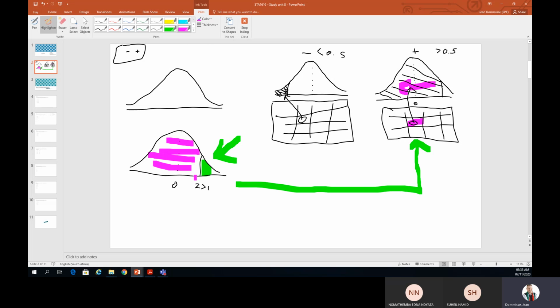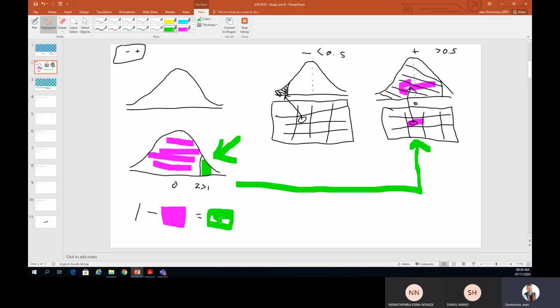So it will give me that area. But remember, I need the green area, so I would need to say 1 minus whatever the purple area was, and that will give you the green area.